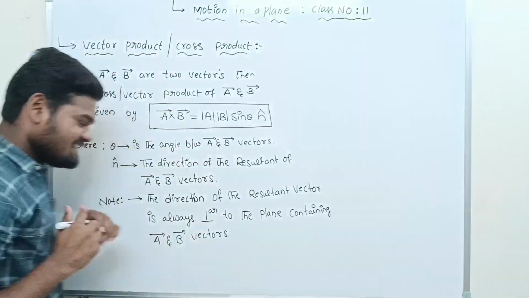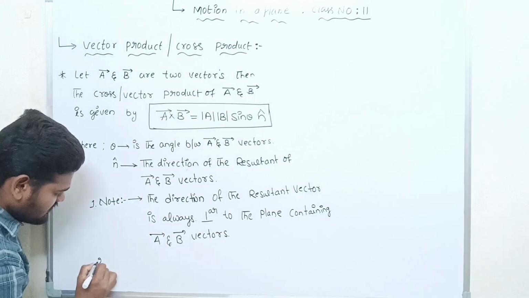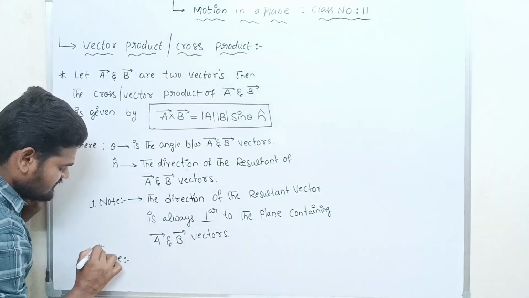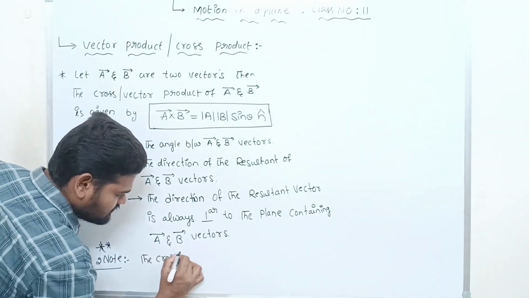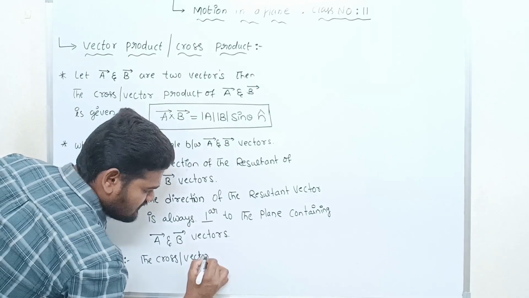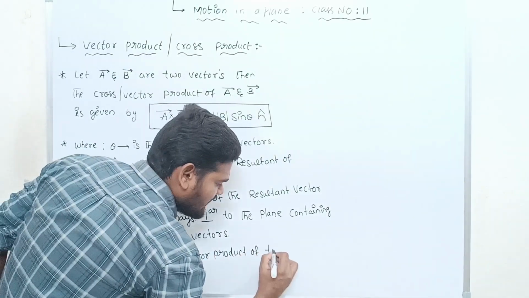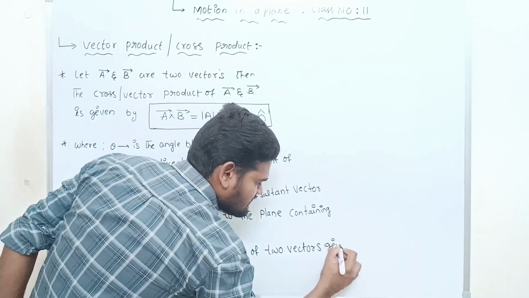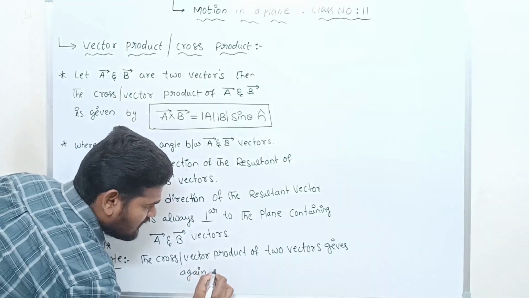This is the first note, and this is note number 2. The second note is important: the cross product, or the vector product, of two vectors gives again a vector.